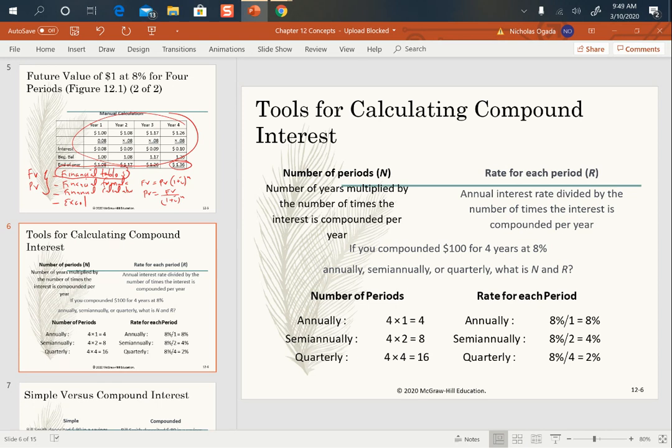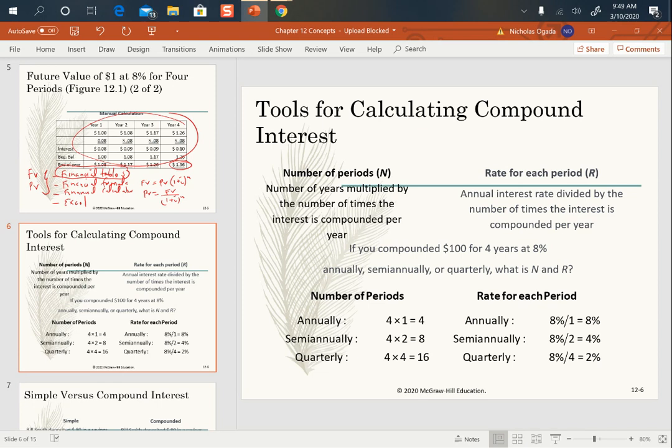If it's on a yearly basis and you've been given 2 years, we know the number of periods is 2 years, and if the rate is 10% and compounding is done on a yearly basis, then that doesn't change. It's still going to be 10%. However, if this was done on a semi-annual basis and you've been given 8%, then the rate per period is going to be 4%.